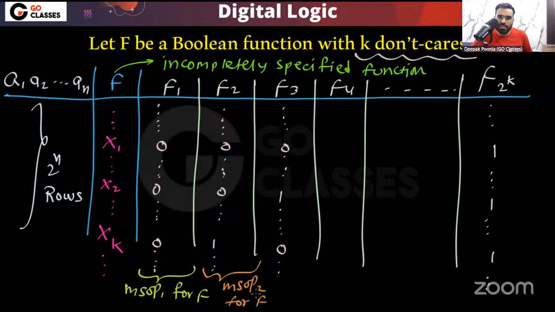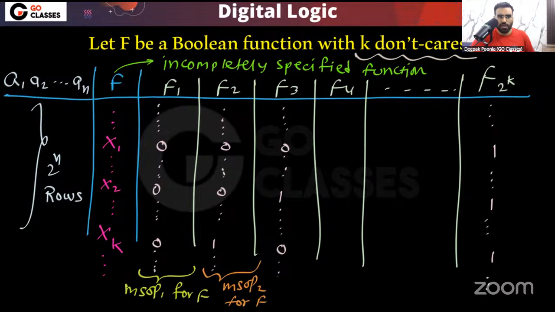So you can see f has two minimal SOPs. Remember, the minimal SOP may not be unique, but all the minimal SOPs will have the same number of terms and the same number of literals. So if f1 and f2 are minimal SOPs for f, they will have the same number of terms and literals.